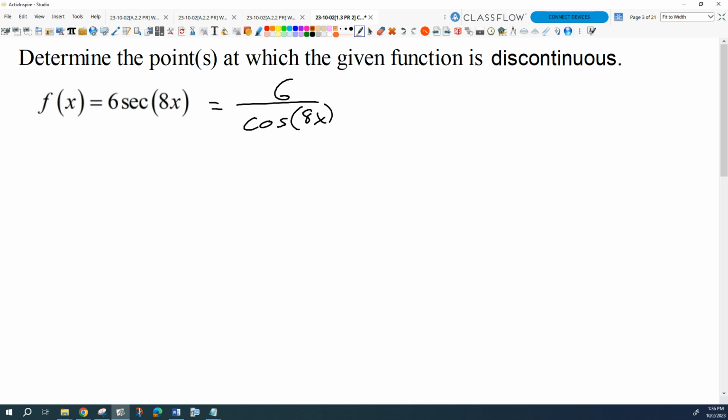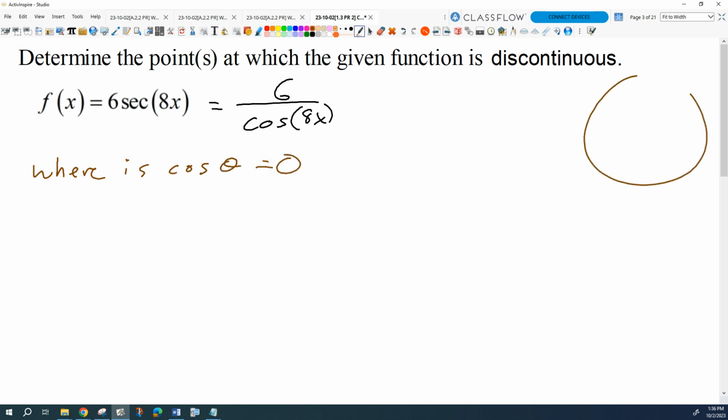Now, let me rephrase the question because I think maybe I just didn't ask the question very well. I just want to know the places where we're going to have vertical asymptotes. That's where the denominator is equal to 0, right? So let's start off with this question. Where is cosine theta equal to 0?